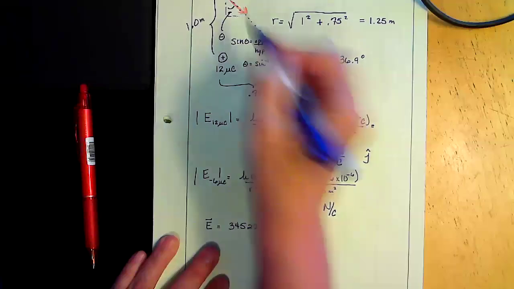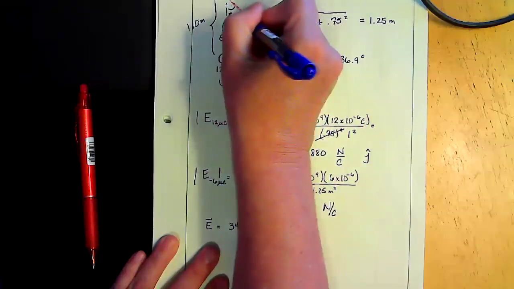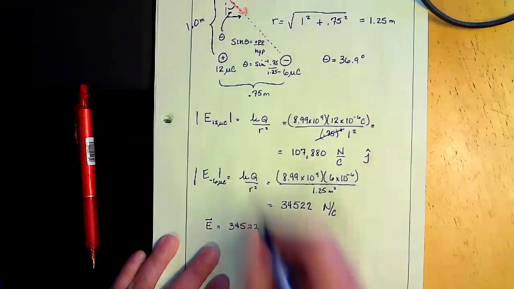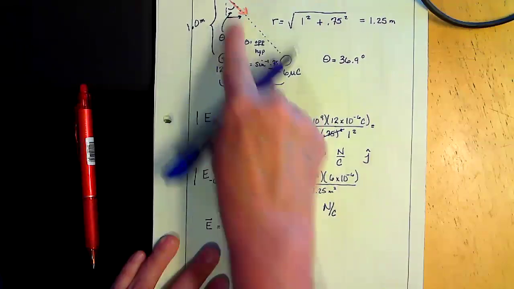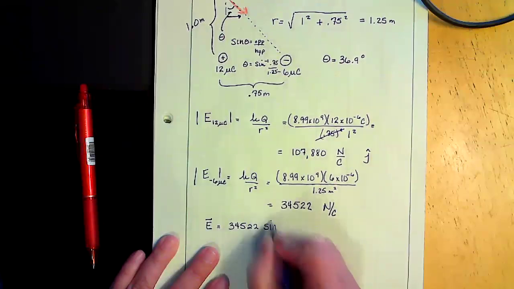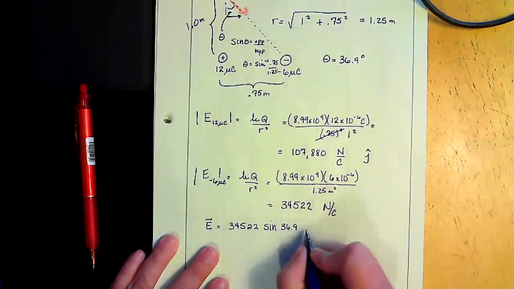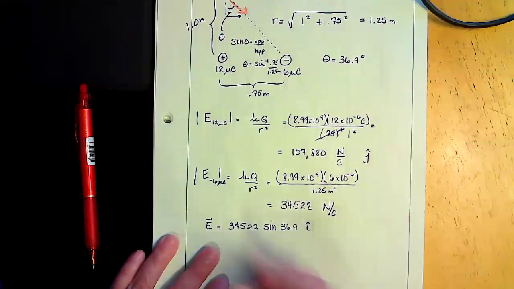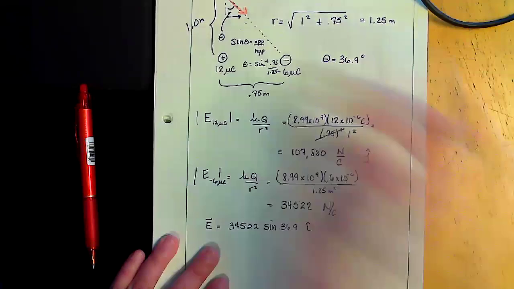So for this electric field, my electric field is going to be equal to 34522, and I want the x component. Look at the angle that I figured out. I need that to be the sine of the angle, so that's the sine of 36.9. That's in the I direction, and it's positive.